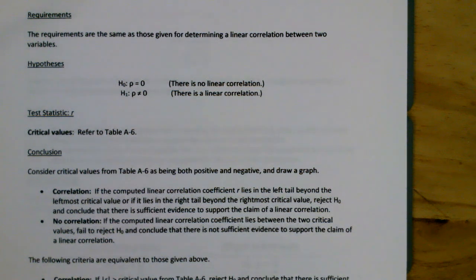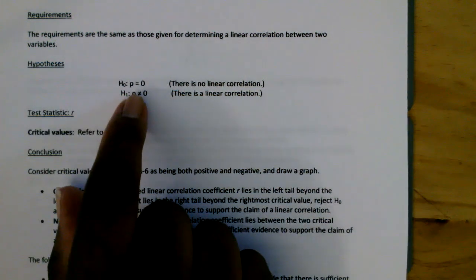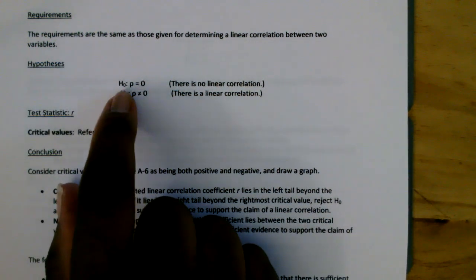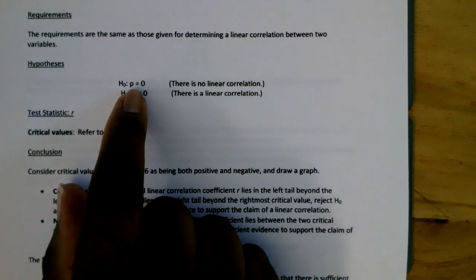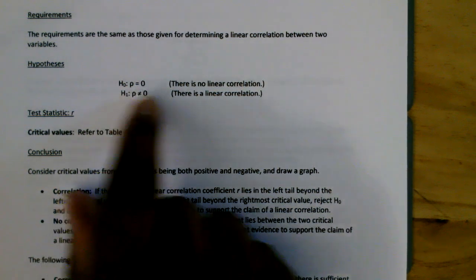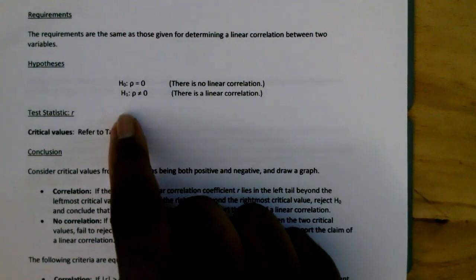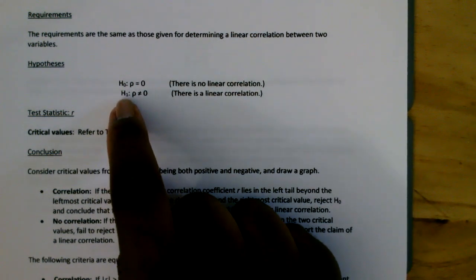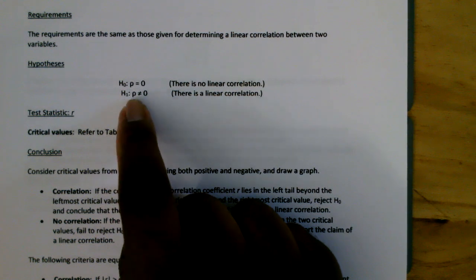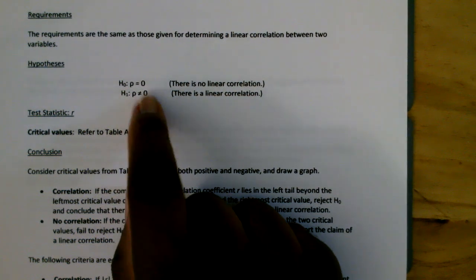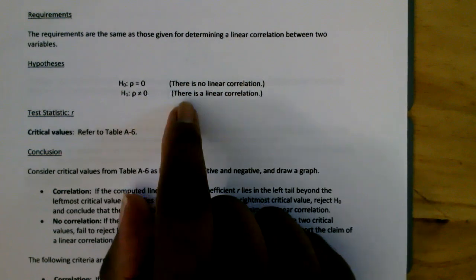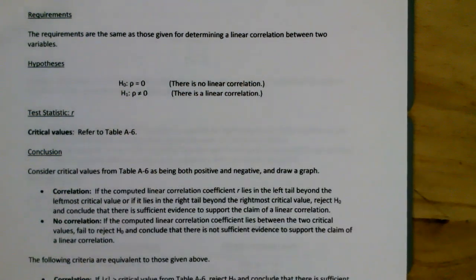Now, our hypothesis is always going to be this. The null hypothesis will always be rho is equal to 0, meaning that there is no linear correlation between the two. Your alternative hypothesis, H1, will be rho is not equal to 0. It's always going to be like this. Rho not equal to 0 means that there is a linear correlation between the two variables.